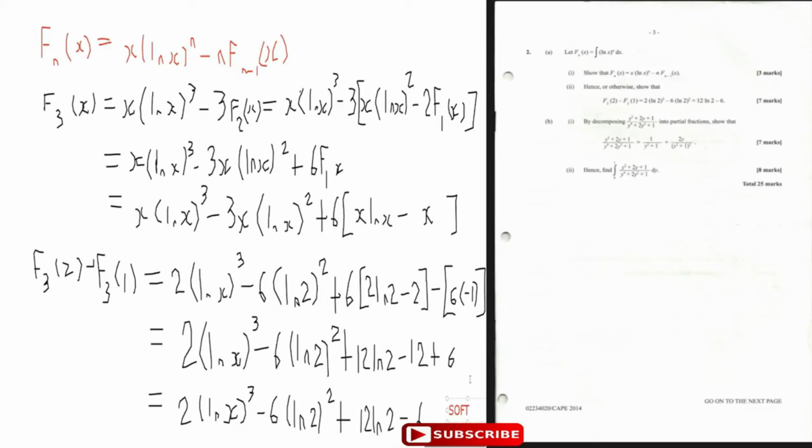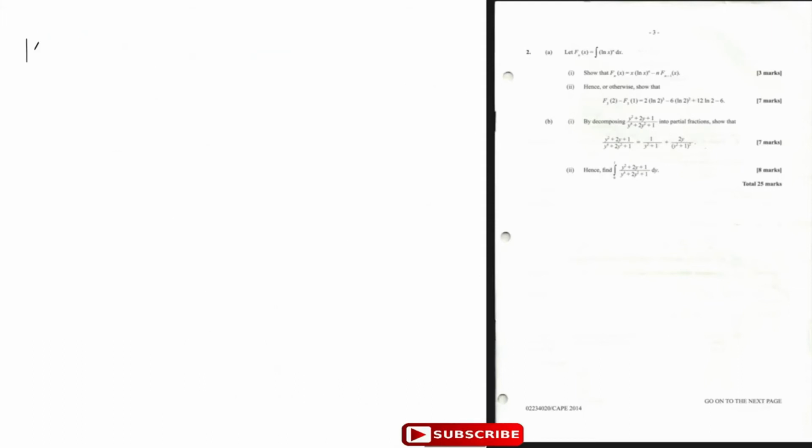Part B is partial fraction, and in doing this partial fraction in part B, we have y squared plus 2y plus 1, and that's being divided by y to the 4 plus 2y squared plus 1.